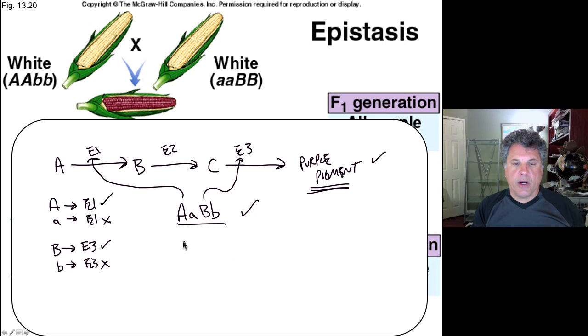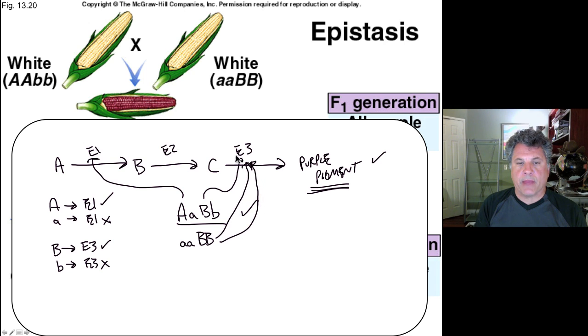But what if we are little a, little a, and for illustrative purposes, let's just say big B. It doesn't really matter. In this case, the big B alleles are both producing functional enzyme 3, and the third step in the biochemical pathway, 1, 2, 3, should proceed with good efficiency. However, because we are homozygous for the defective mutant little a allele, which produces non-functional enzyme 1, there's no functional enzyme 1 around.